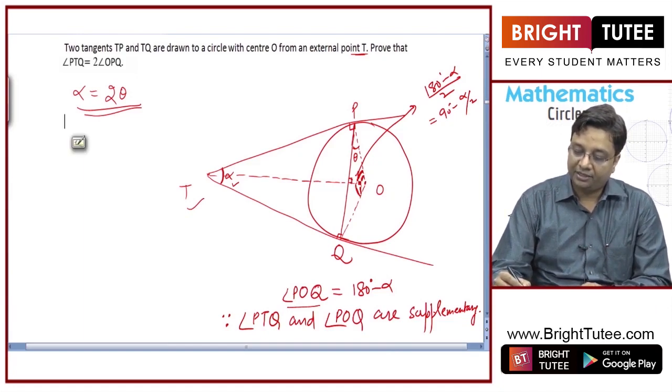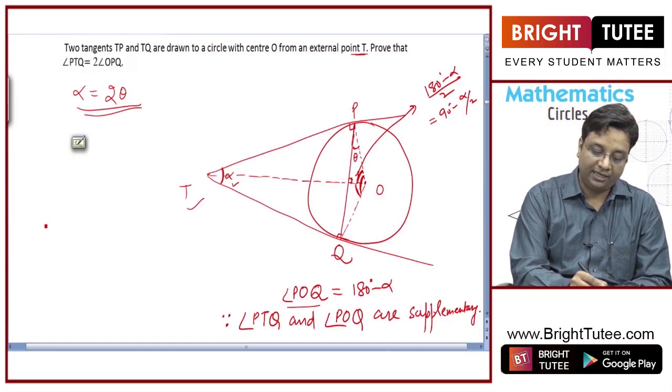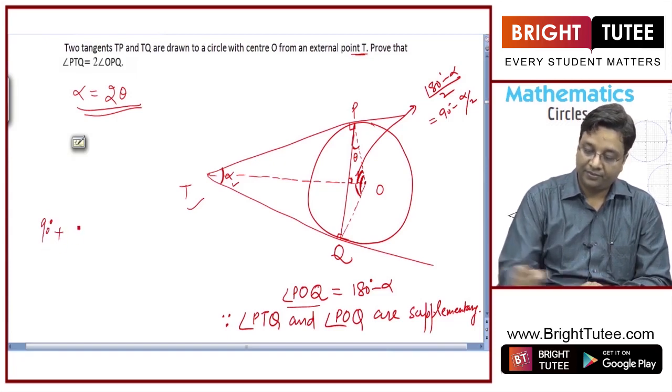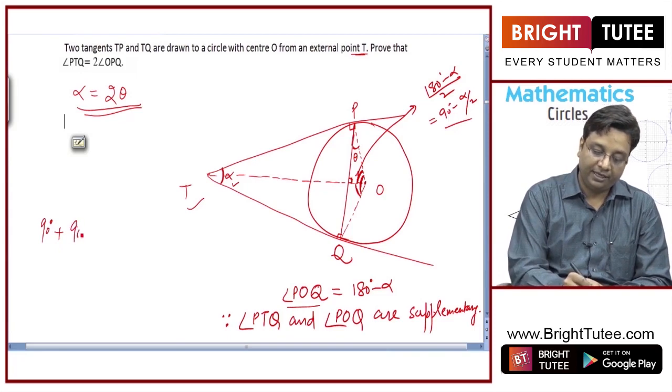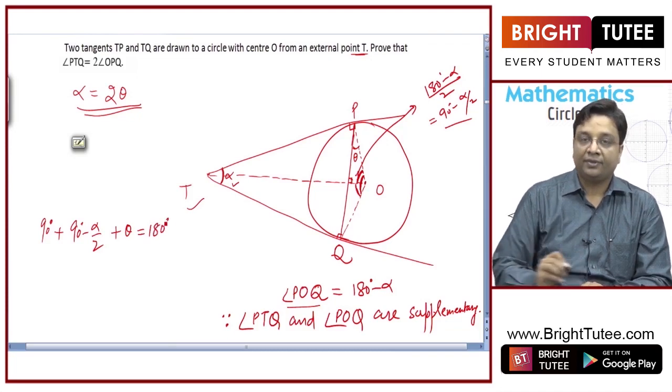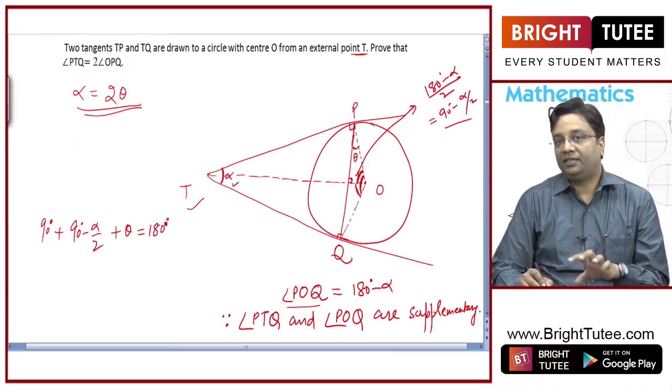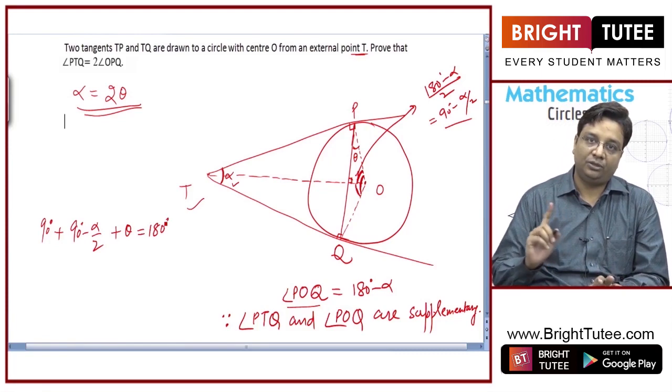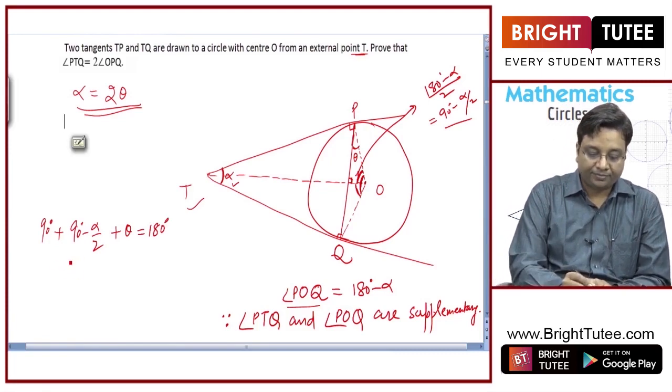This is 90 minus alpha by 2, and this is theta. So I can say that 90 degrees plus this angle 90 minus alpha by 2 plus angle theta is equal to 180 degrees. Why? Because the sum of the internal angles of a triangle is equal to 180 degrees. So this is 90 plus 90 and this is 180, so these will get cancelled.